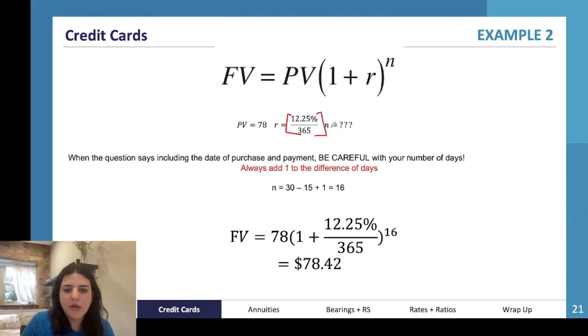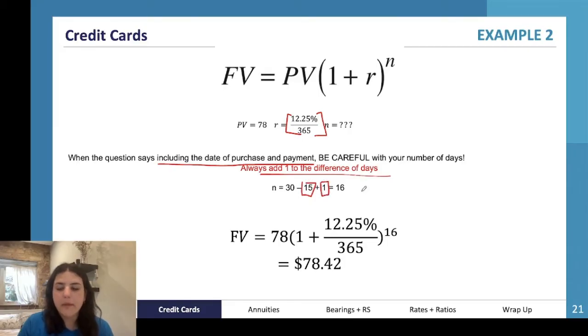But our number of time periods, the question said including the date of purchase and payment. So we're going to add 1 to the difference of days. So we're going to do 30th, which is the payment date at the end of the month, minus 15th, which is the date of purchase, plus 1, right? Because it's 15th, 16, 17, 18, 19, 20, 21, 22, 23, 24, 25, 26, 27, 28, 29, 30.